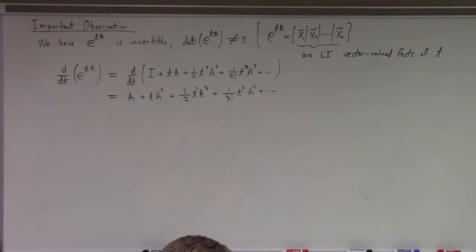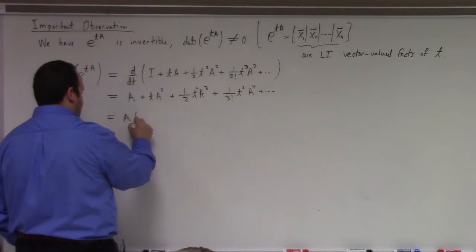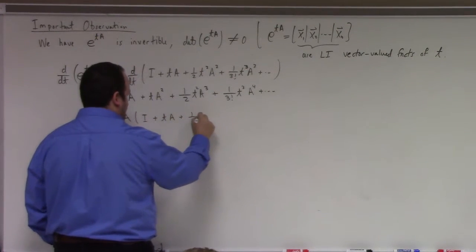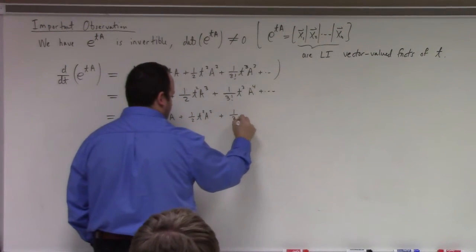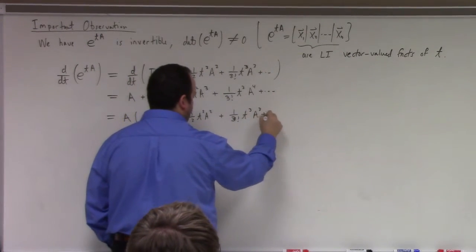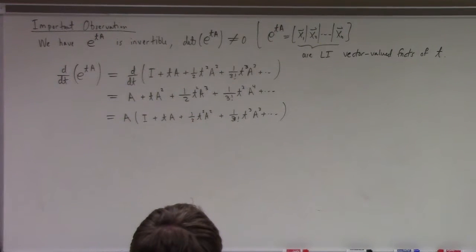So you can factor an a out, right? You factor a out, what do you got? You got a times I plus ta plus 1/2 t squared a squared plus 1/3 factorial t cubed a cubed. What's that?